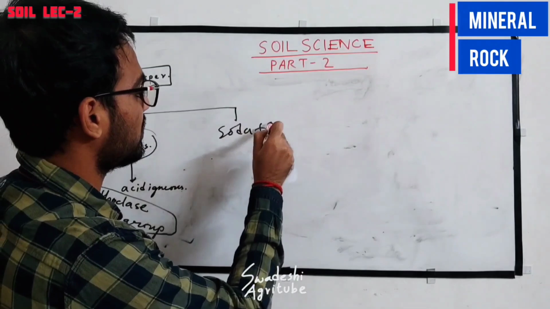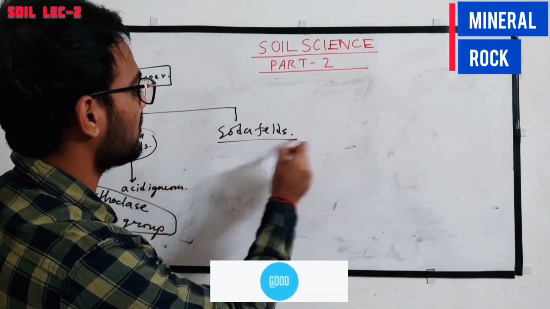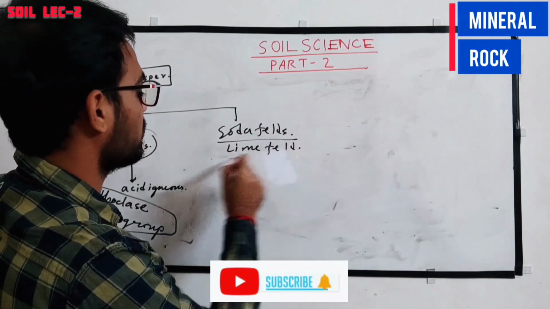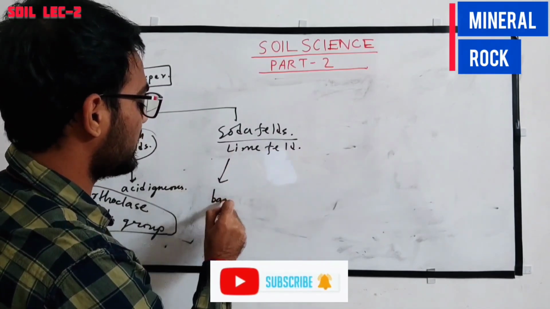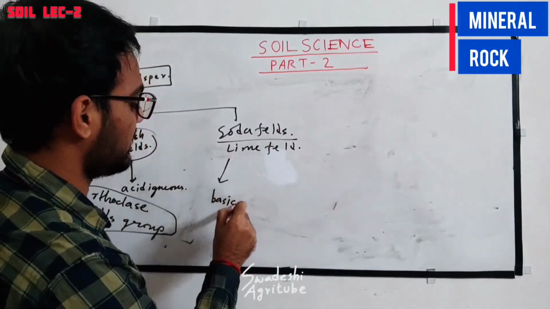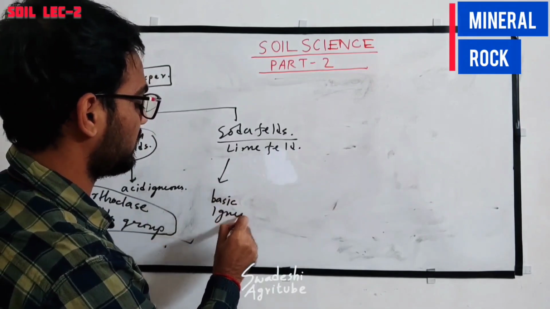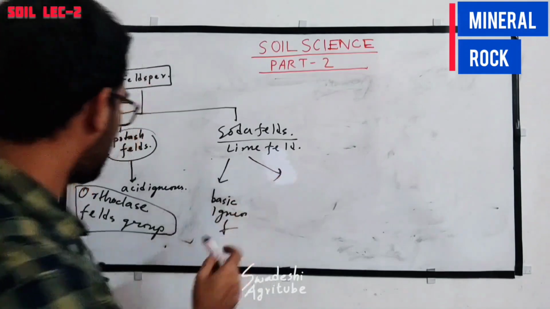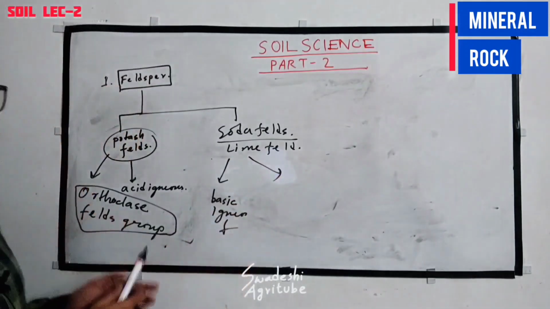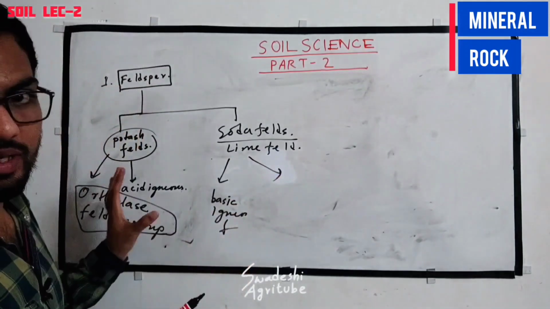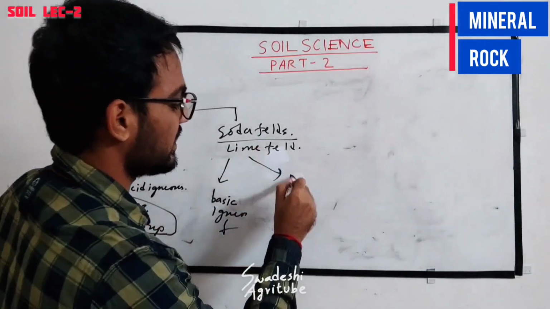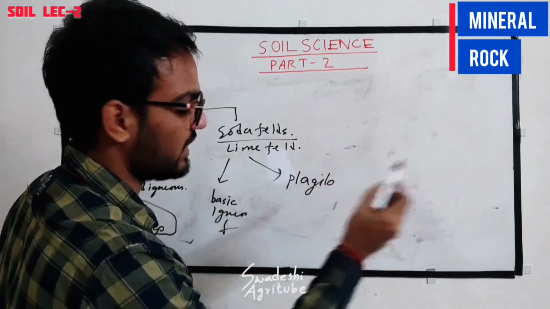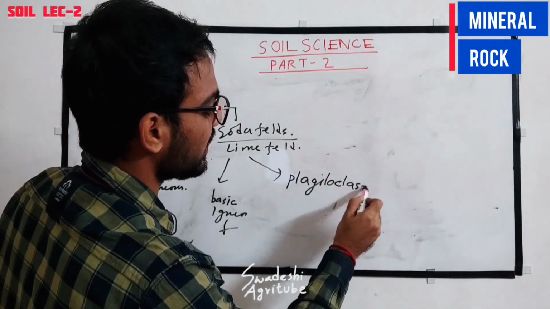As opposed to potash feldspar, soda feldspar forms in basic igneous rocks. As potash feldspar forms the orthoclase group, soda feldspar also forms another group, called plagioclase. This plagioclase feldspar is generally formed from lime feldspar or soda feldspar.